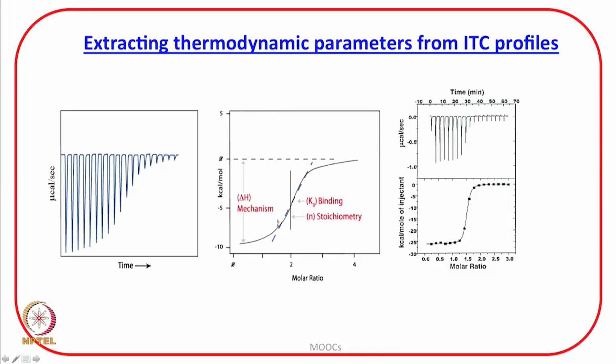And if we take this as a fitted data, now let me talk something about fitting of the experimental data by a suitable model. The experimental points in terms of the amount of heat liberated or amount of heat absorbed versus the injection number or versus the molar ratio does not recognize what is the mechanism of the reaction.